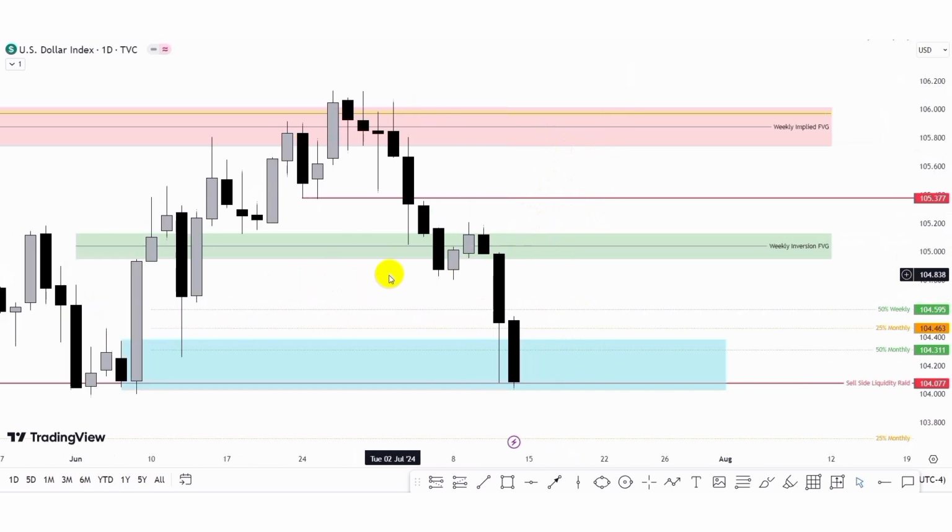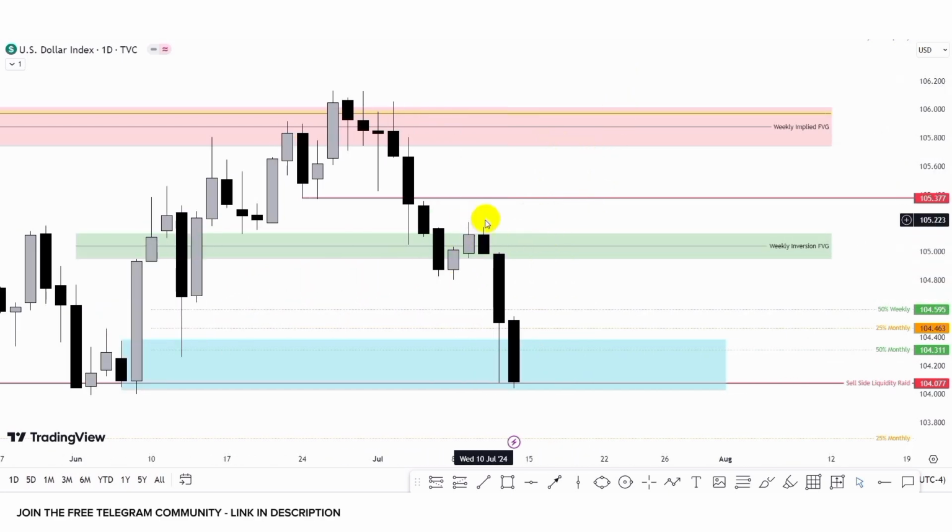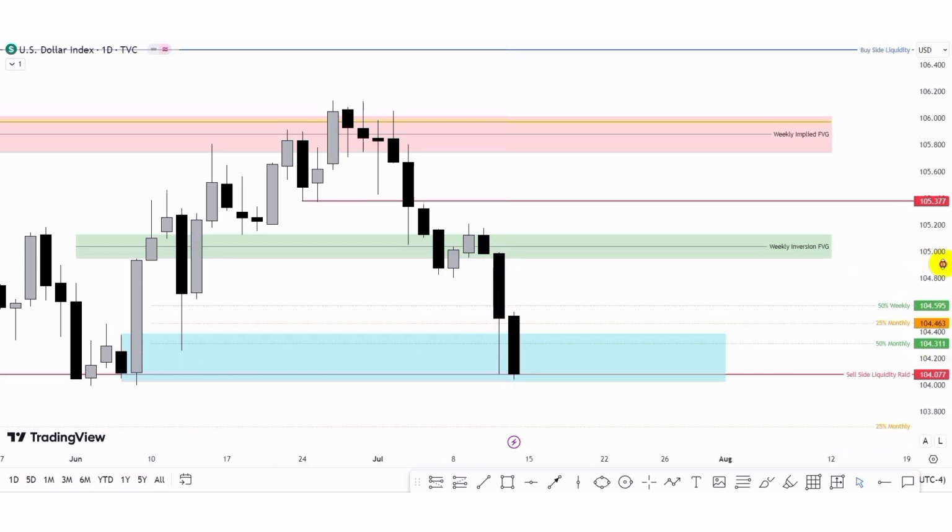Now what you can see is we're having rejection of price within the weekly inversion fair value gap. Price did not close above it. Price did not break through. We have a forced breakout because this is just a week. And then you can see that price fell to the downside. On Thursday, you can see we have rejection within this other block that price rejected, but then we can see price further push to the downside.